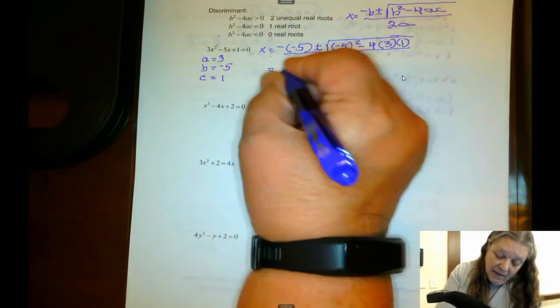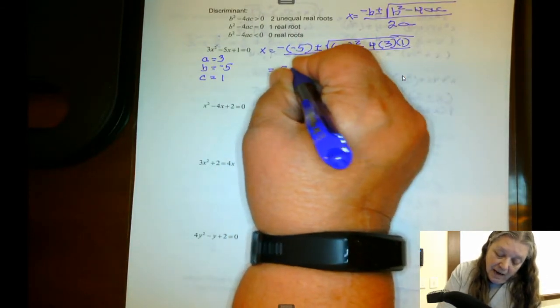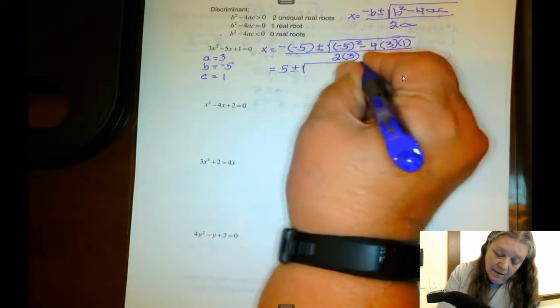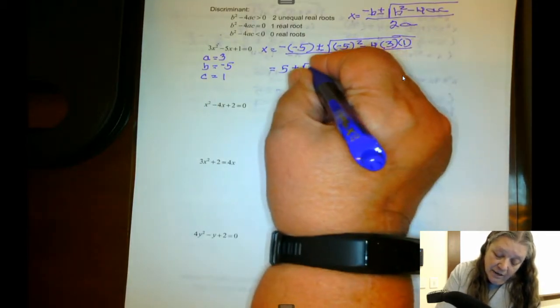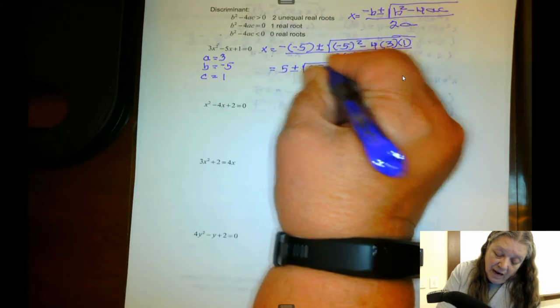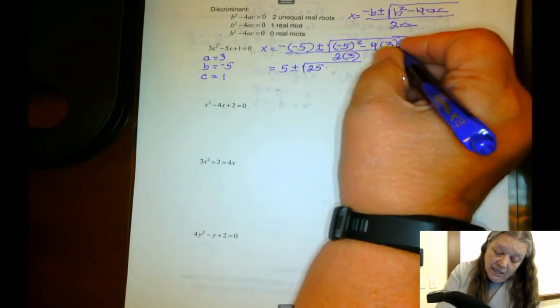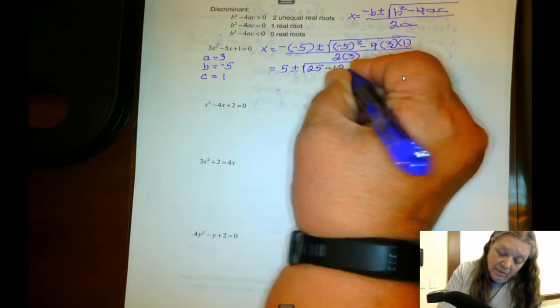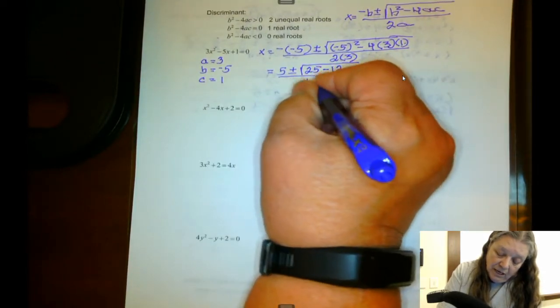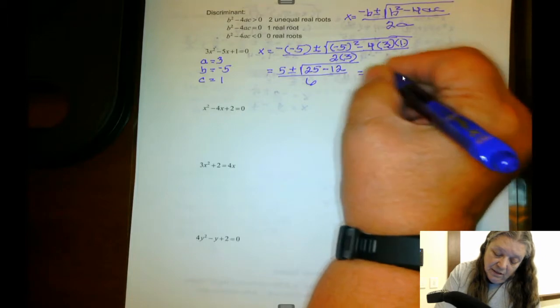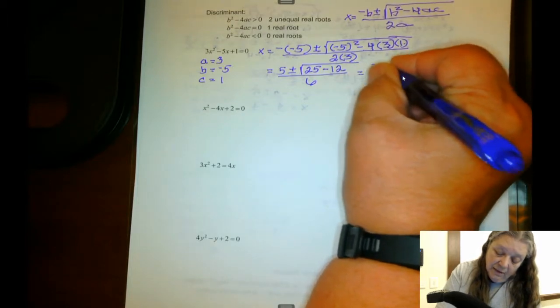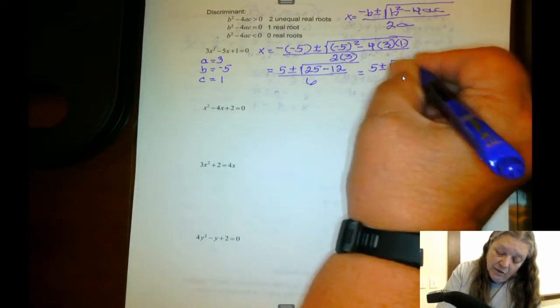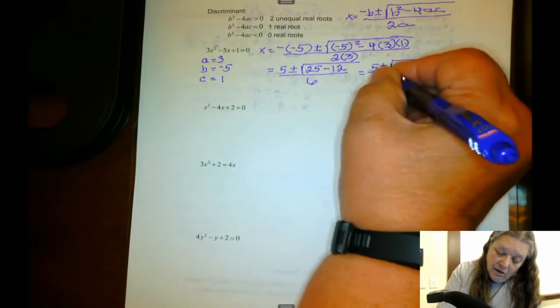So negative of a negative 5 is a positive 5. 5 squared is 25. Negative 4 times 3 is negative 12 times 1 is negative 12. The whole thing over 6. This gives us 5 plus or minus the square root of 13 over 6.